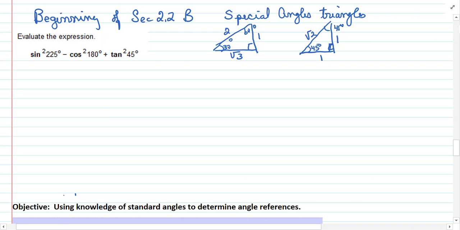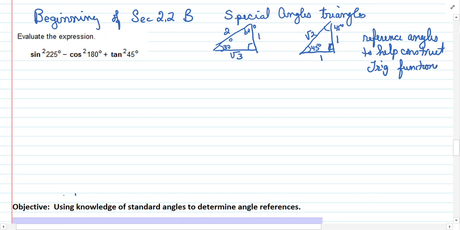And then we're doing reference angles to help us get the trig function values.